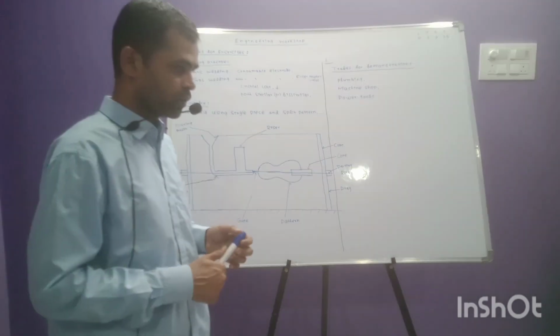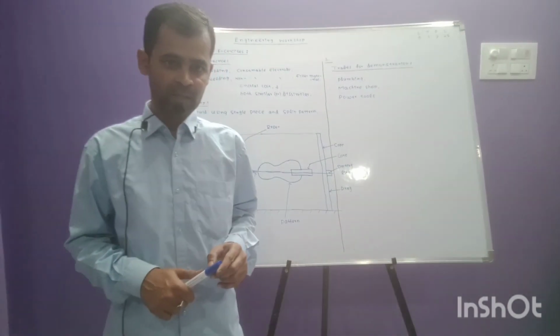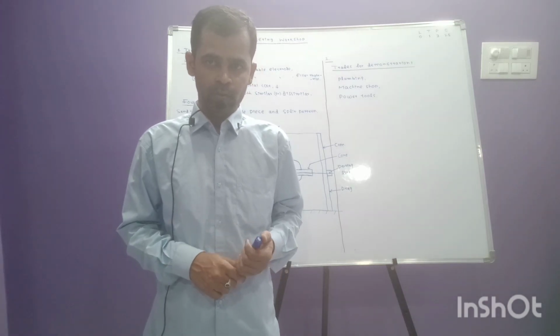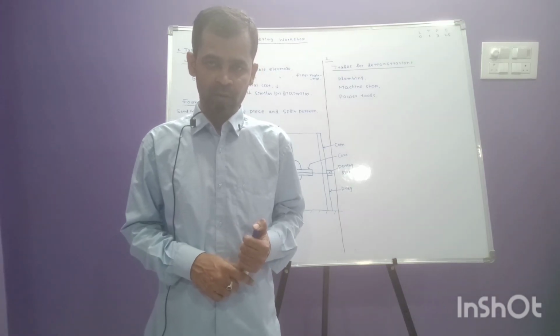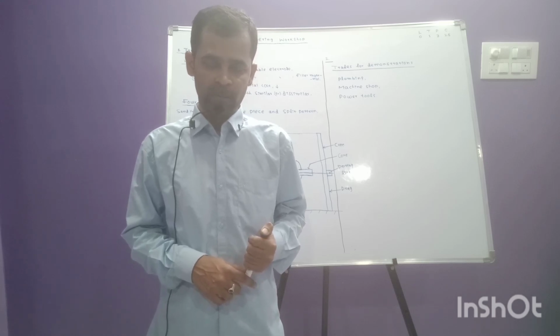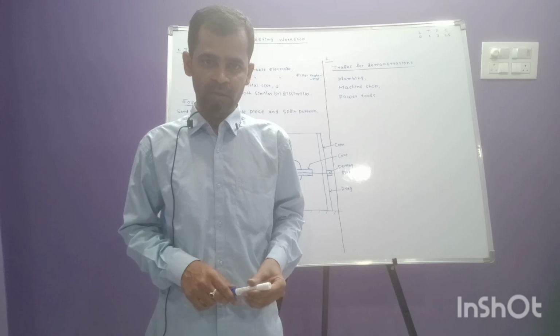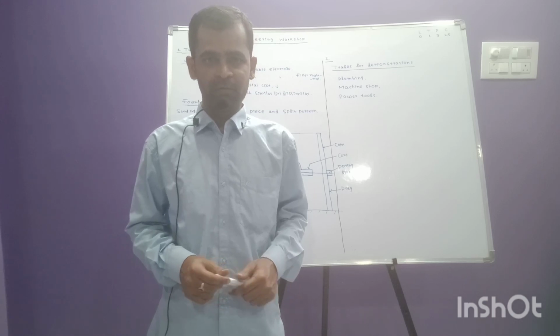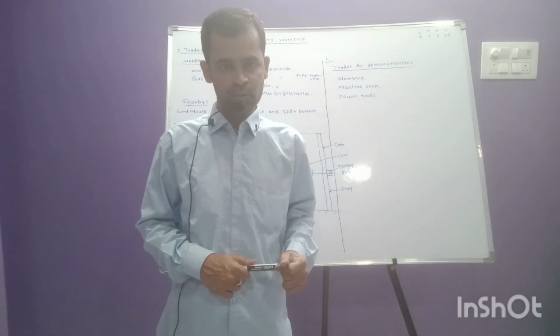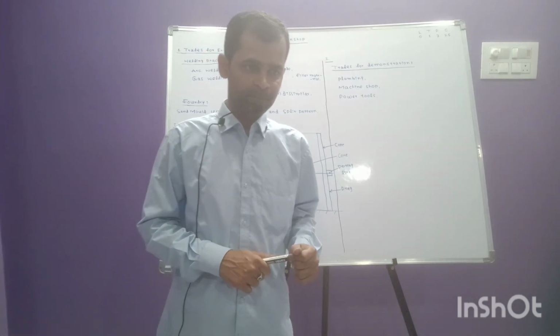In arc welding, no filler material is used because the flux material is coated on the electrode. The importance of flux or coating material on the electrode is that, while doing the welding operation, it prevents oxidation. That is why flux is used in the arc welding process.